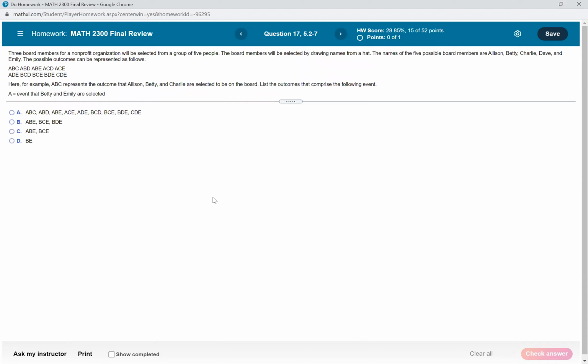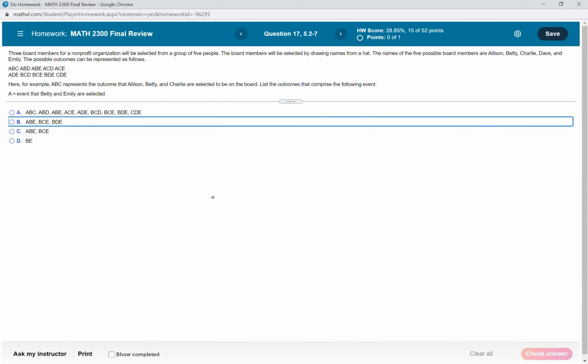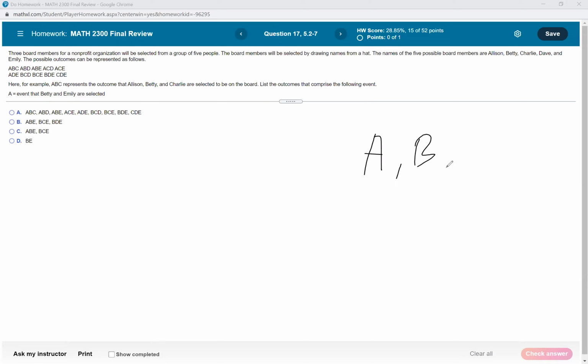Okay, so 3 board members for a non-profit organization will be selected from a group of 5 people. So there is a group of 5 people: Allison, A, Bertie, B, Charlie, C, Dave, D, and Emily, E. So we have these 5 people, A, B, C, D, E, and the possible outcomes can be represented as follows.